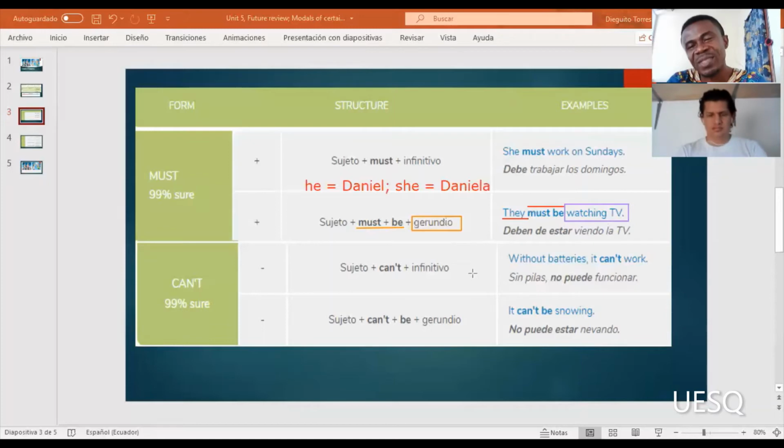Okay. They must be watching TV because the formula says so. Must plus be. Subject they, must plus the verb to be. Okay. Then the verb in the ing form. Good. Let's look at the next one.